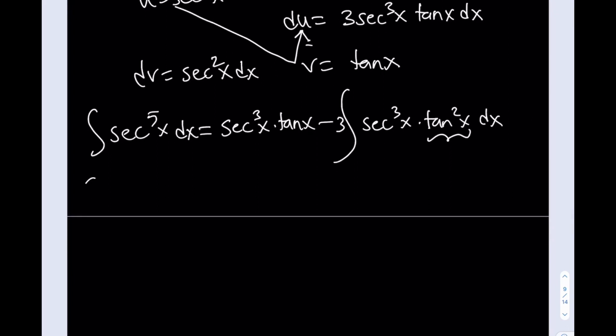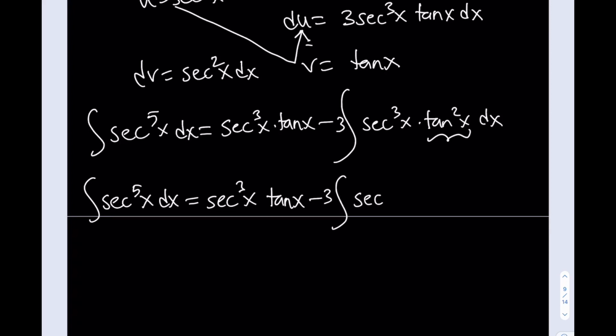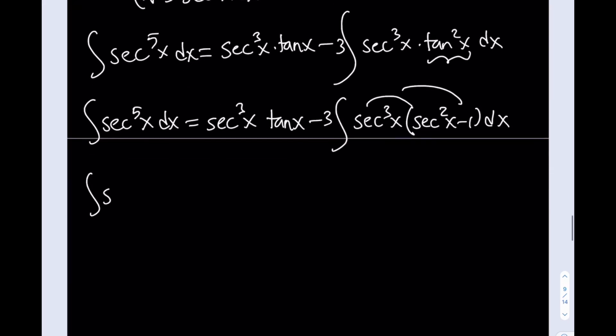So now my integral is going to look like what? The integral of secant to the 5th power of x dx is equal to secant cubed x tangent x minus 3 times the integral of what? Secant cubed x times secant squared x minus 1 dx. Beautiful. Now I'm going to go ahead and distribute those.